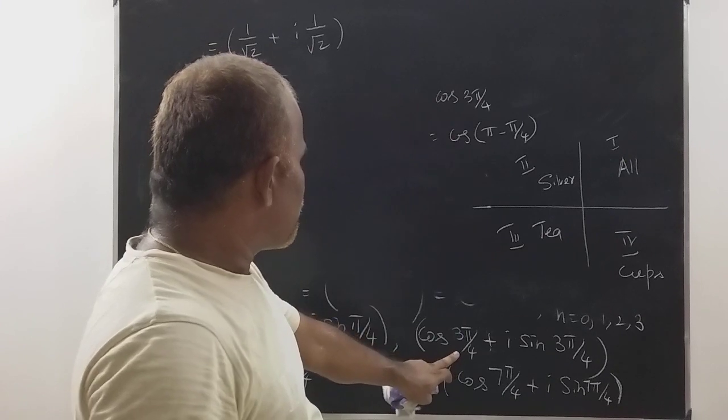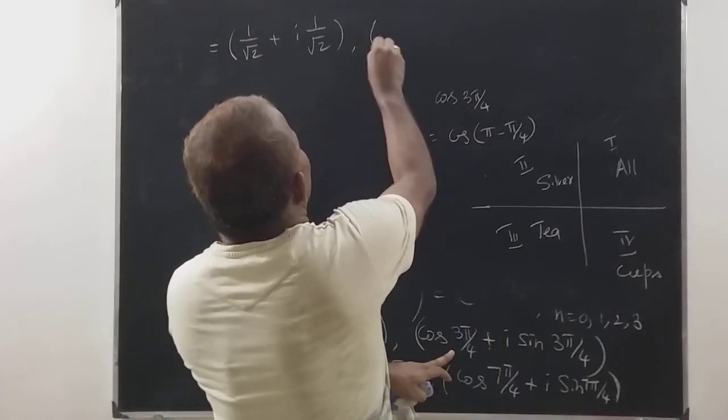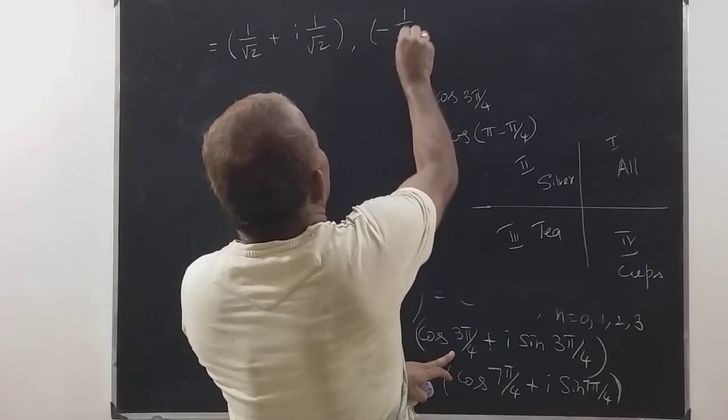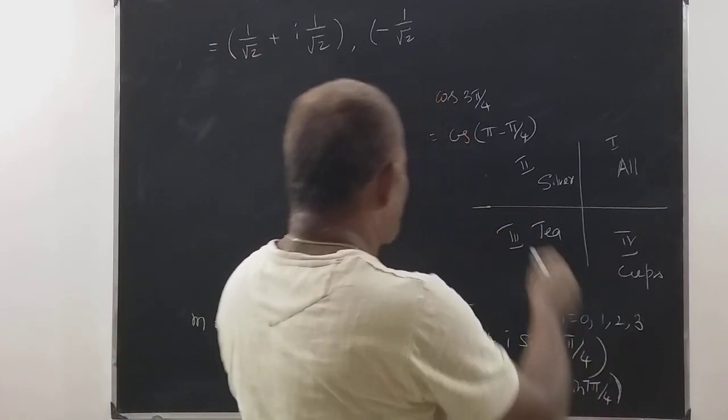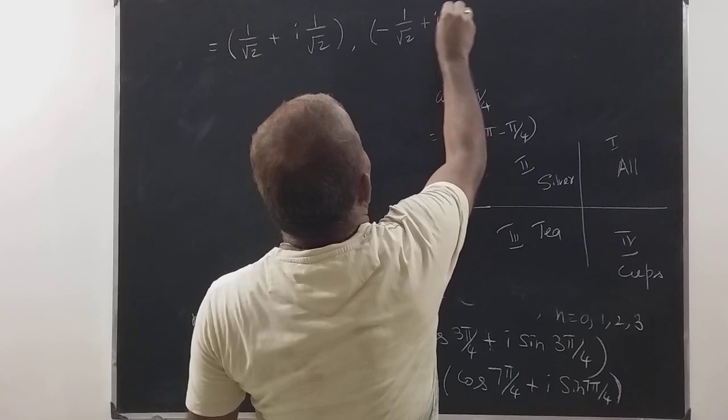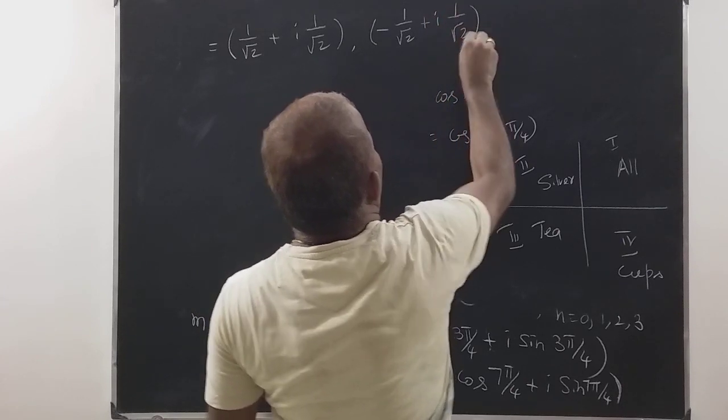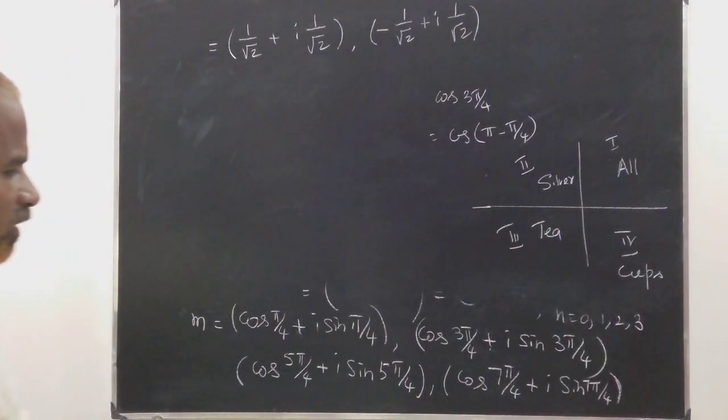So therefore here it is minus 1 by square root of 2, plus sine is positive, so therefore plus i times 1 by square root of 2. Okay.